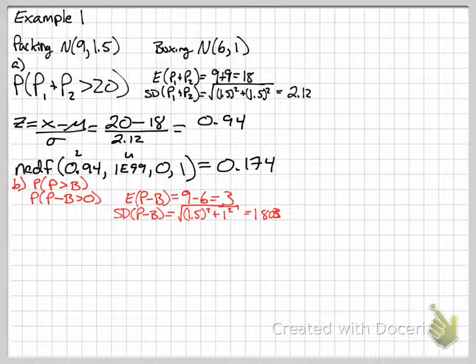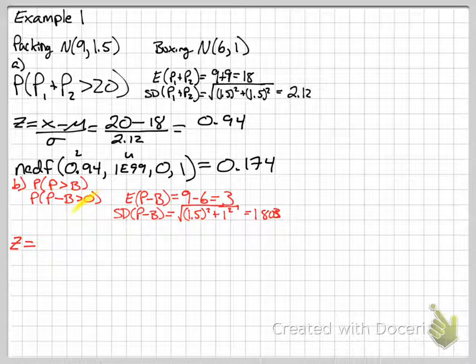So now remember, with continuous random variables, if they both follow the normal model, which packing and boxing said that they did, then their sum or their difference also follows the normal model, which is what we have here. So then we can use our z-score to try and figure out our probability. The x value that we're looking for here is 0.